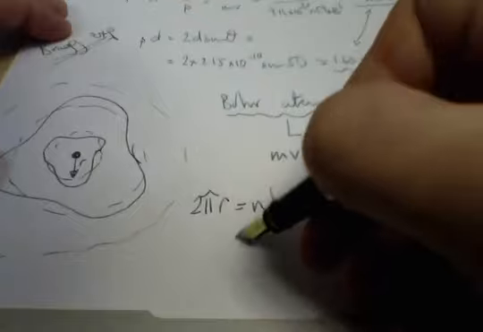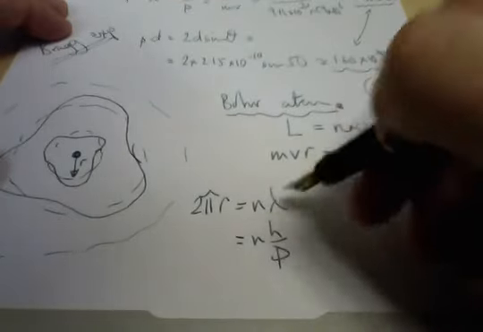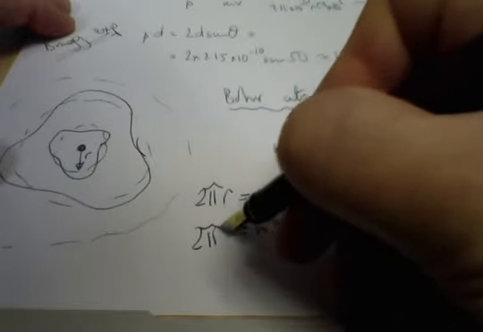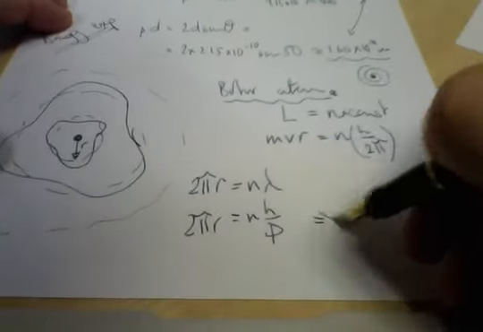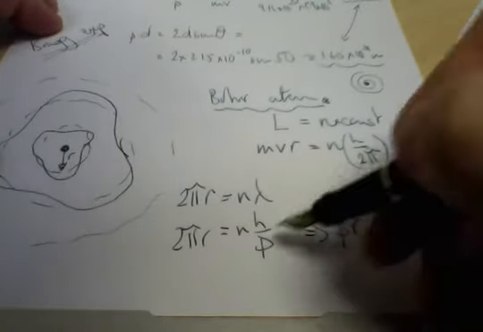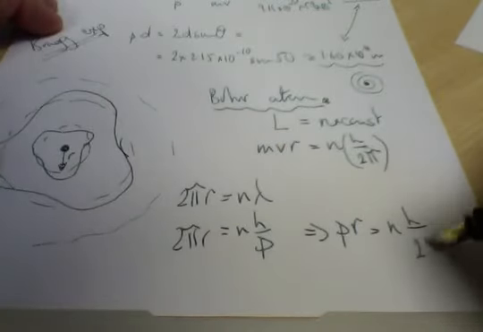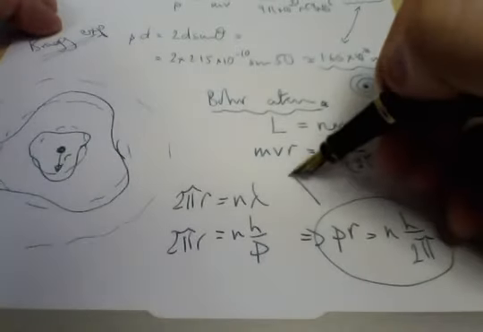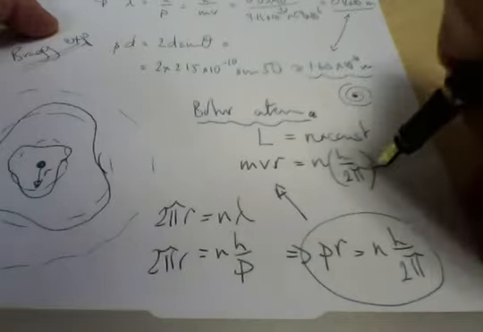You know, of course, that this gives us h over p, and therefore, without too much movement around, we can say p by r, so I've taken the 2 pi with me, is nh over 2 pi. And of course, p by r is exactly the same as this, so actually this proved Bohr's atom theory.